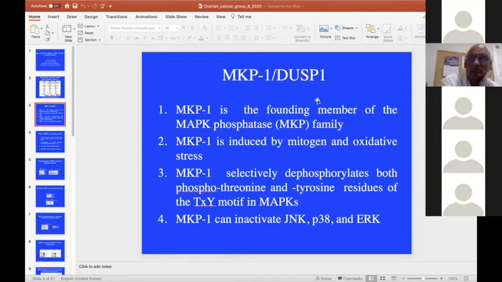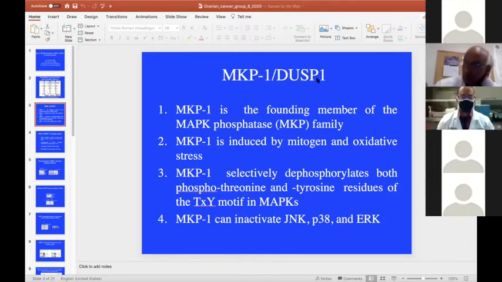It can be induced by stimuli, including mitogen or stress, including oxidative stress. What MKP1 does is selectively dephosphorylate both the phosphothreonine and the tyrosine residues of the so-called TXY motif in the MAP kinase. Dephosphorylation of the TXY motif is absolutely required for MAP kinase inactivation.